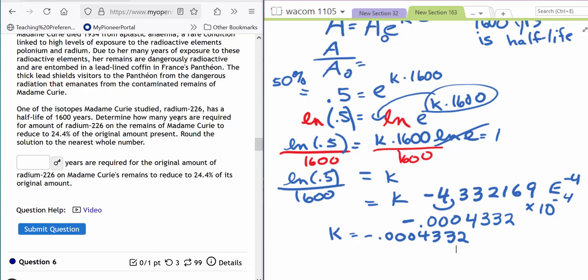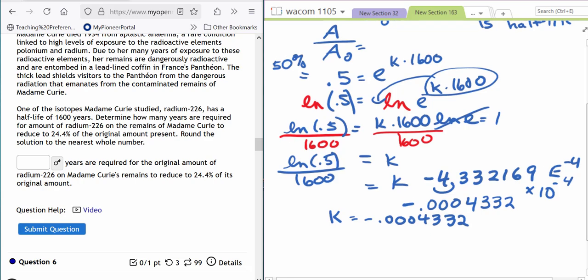So we're going to look for T, and we want the remains to reduce to 24.4%. So instead of using this A divided by A sub 0 to equal 0.5, we want it to be 24.4. But we should have that as the decimal form of percent, just like this was for 50%. So we'll just move the decimal 2 places to the left. So 0.244.